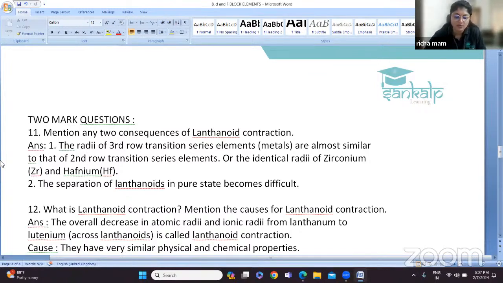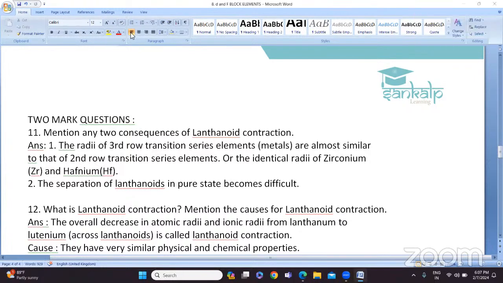What are the consequences of the lanthanoid contraction? The first consequence is that the radii of third row transition series elements are almost similar to that of the second row transition series elements. When you compare the radius of the third row and the second row, the radius is almost identical.